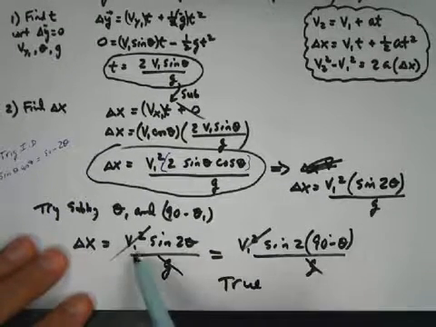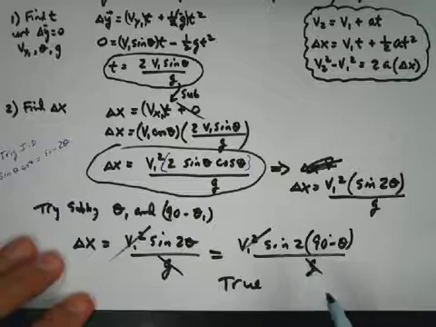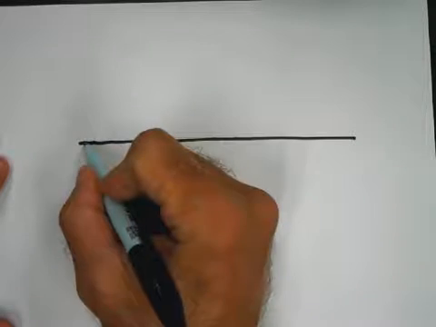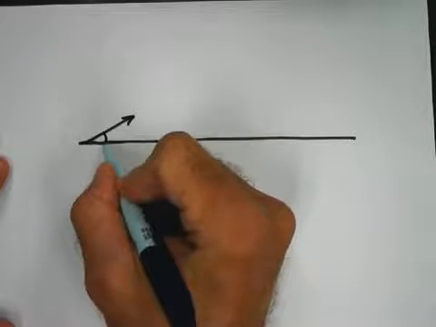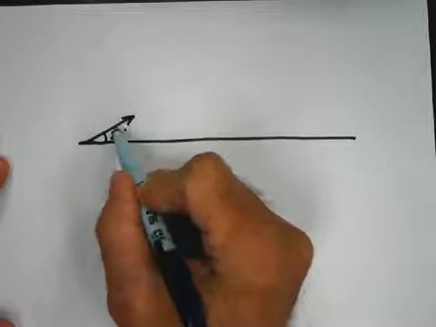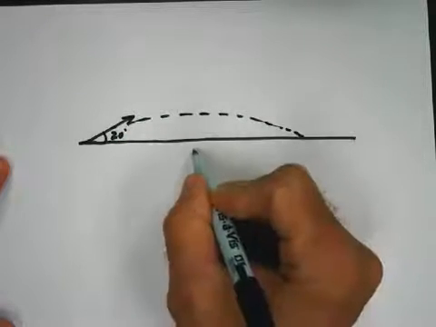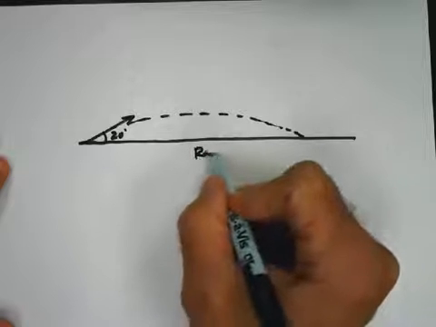Okay, so anyway, the net result is that that derivation tells us, in summary, that if we have perfectly level ground and we shoot a projectile at, let's say, a 20 degree angle, and we're assuming no air resistance, it's going to have a certain range, delta x.